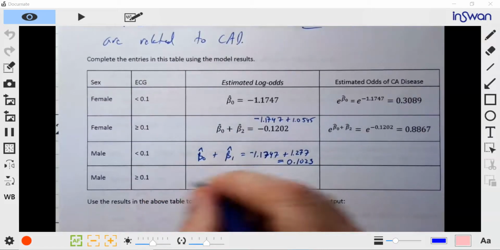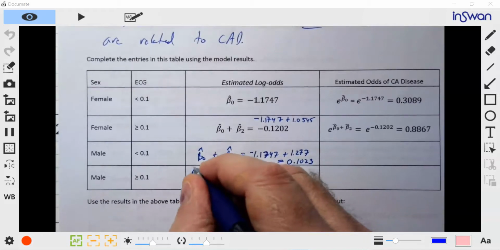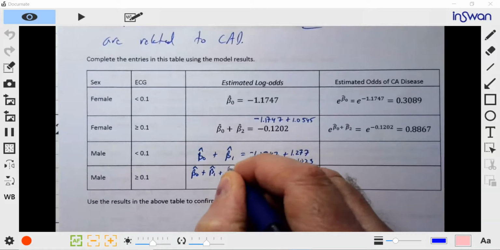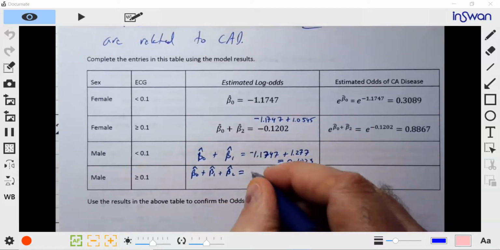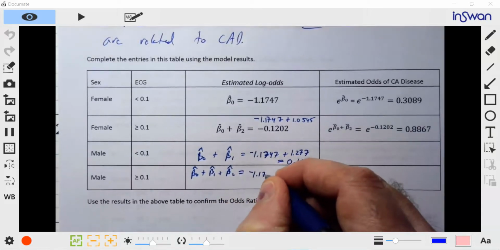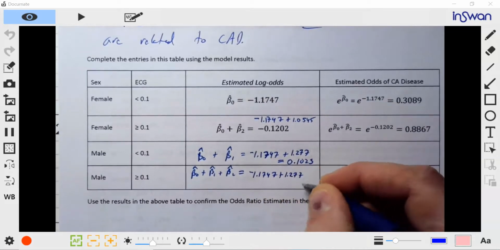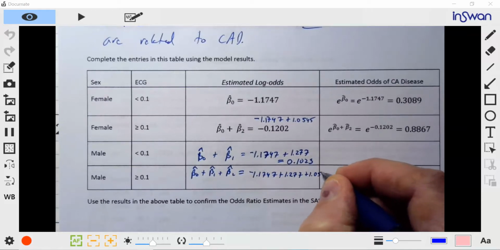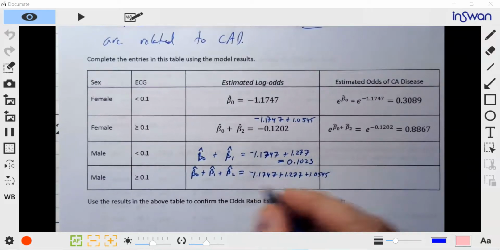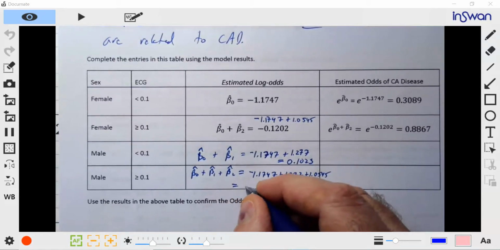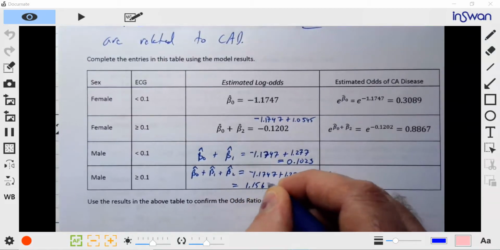And finally, for males with a high ECG, we need all three terms. We have beta 0 hat plus beta 1 hat plus beta 2 hat, which is negative 1.1747 plus 1.277 plus 1.0545. So it's not looking good for males with a high ECG. And if you calculate that out, it's 1.1568.